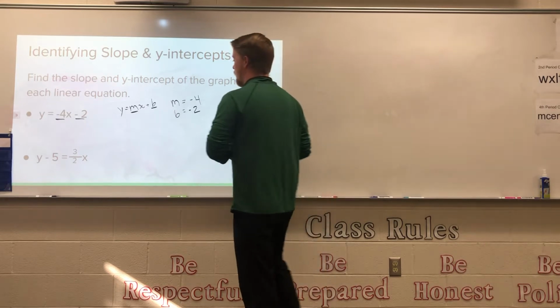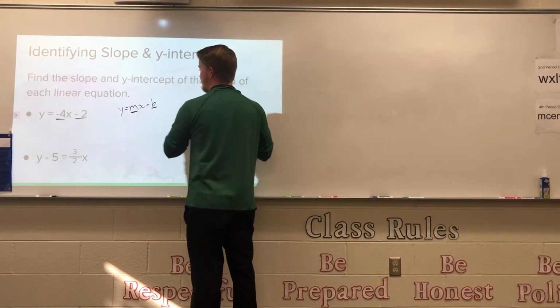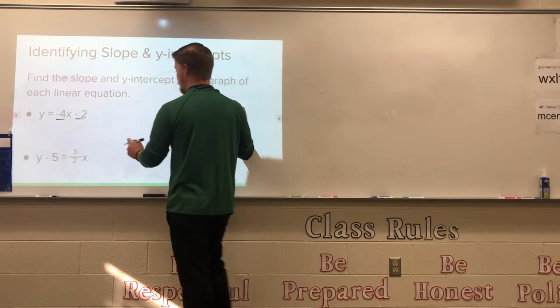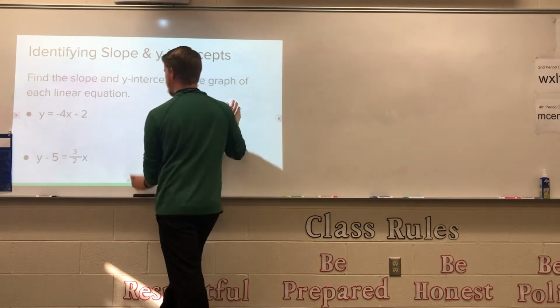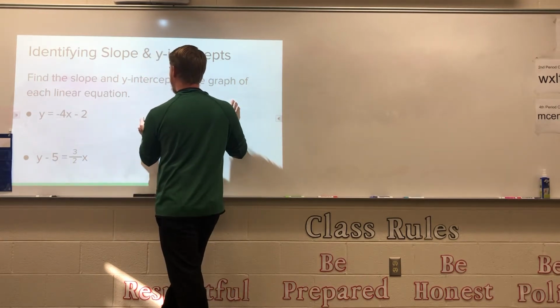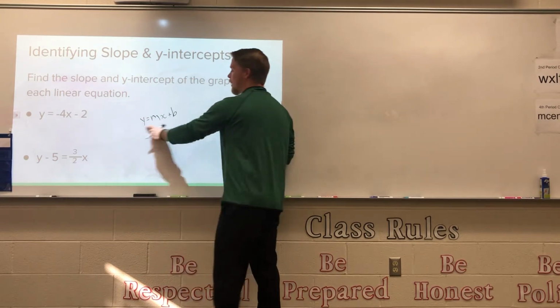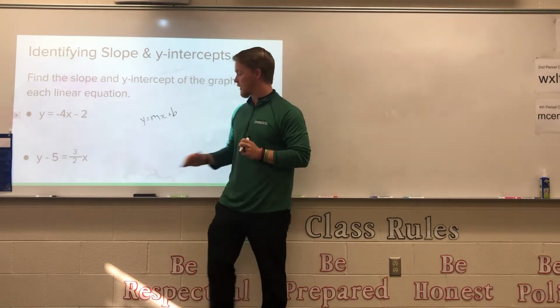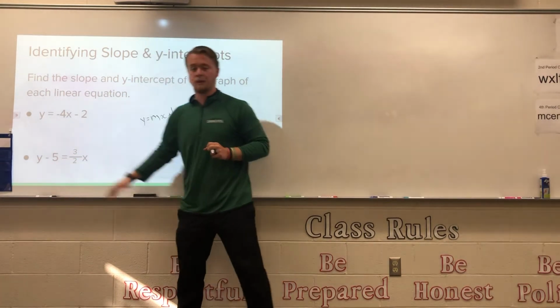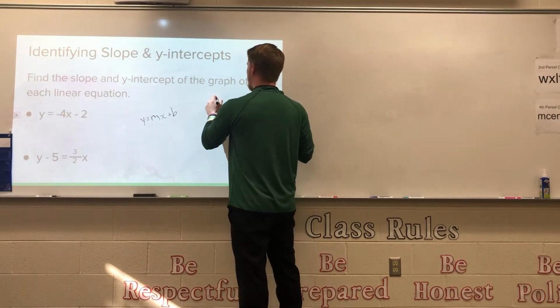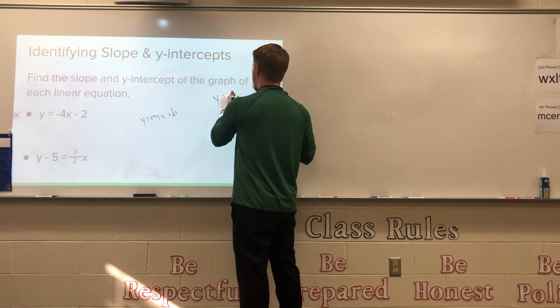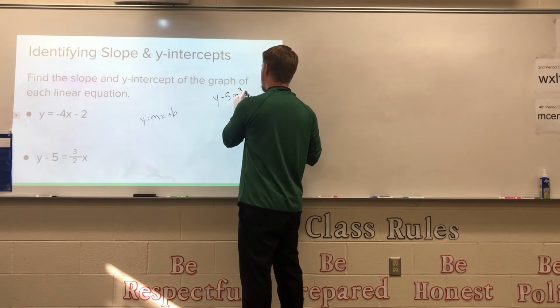Then the second one, if you look, this one's not quite in slope-intercept form, y equals mx plus b. In this form, y is by itself. In this one, y is not by itself yet. So let me bring that equation over here. We have y minus 5 equals 3/2 x.